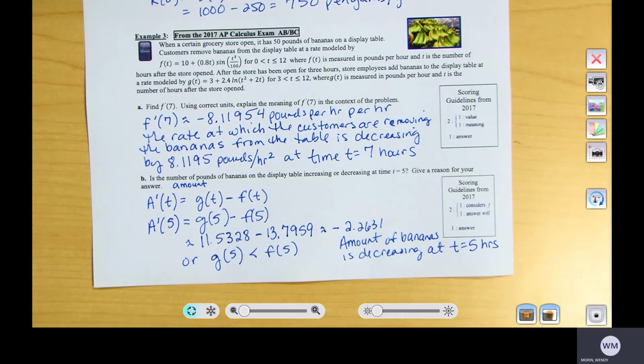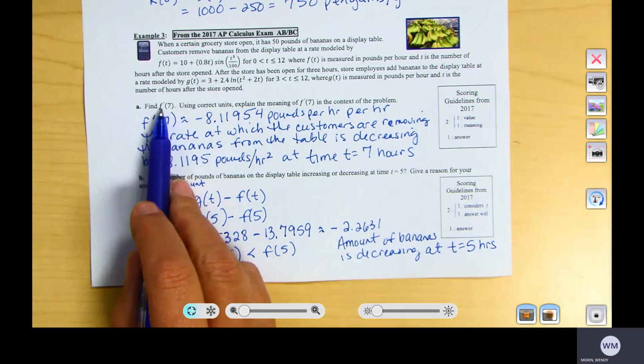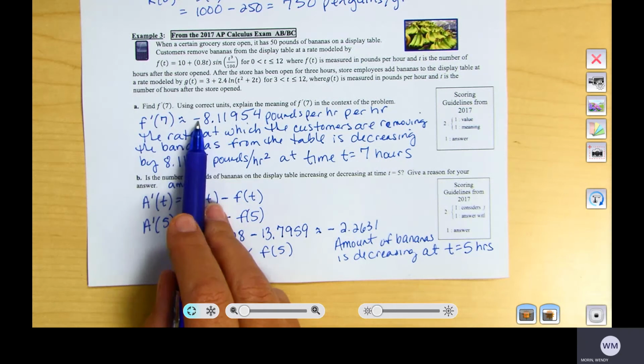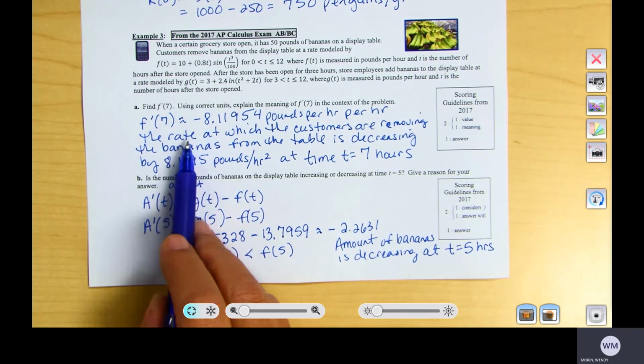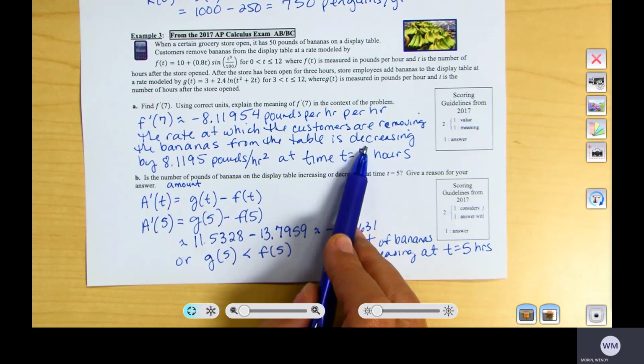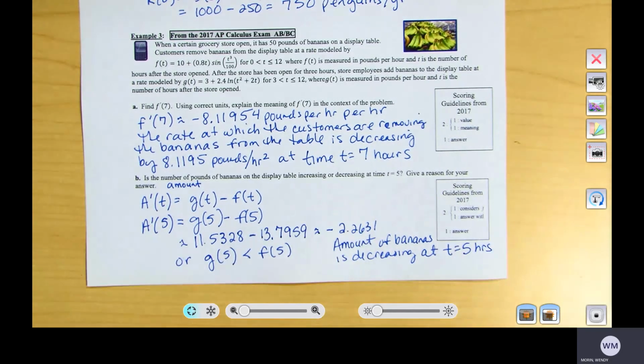If your velocity was negative, you were moving in a negative direction. Same thing with acceleration. If you're taking the derivative of a rate, this is your acceleration. And if your acceleration is negative, then let that sink in and we'll try some more problems.